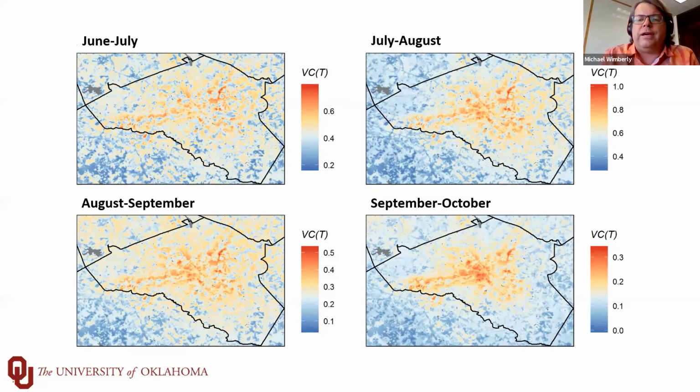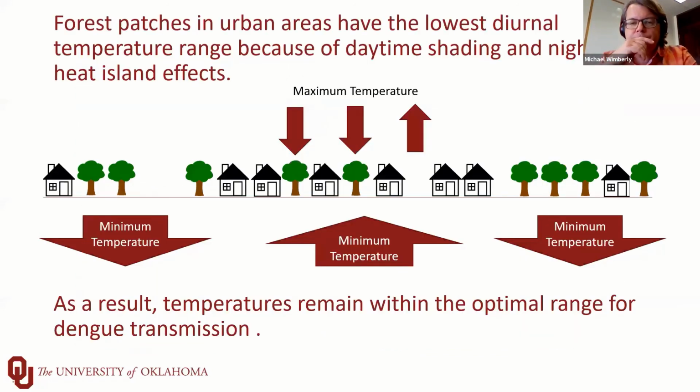And so what we're seeing there is those are actually areas that are within city limits in that developed central core of Athens, but that have tree cover. So they're kind of green islands within the city.